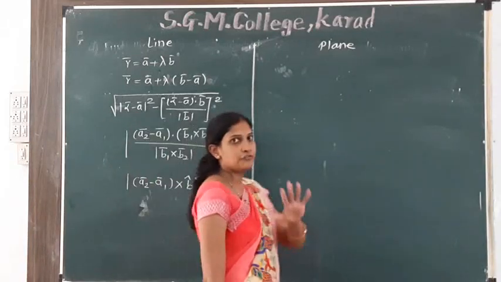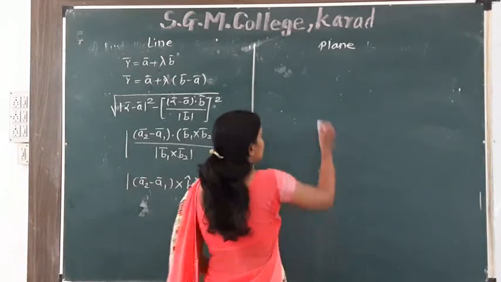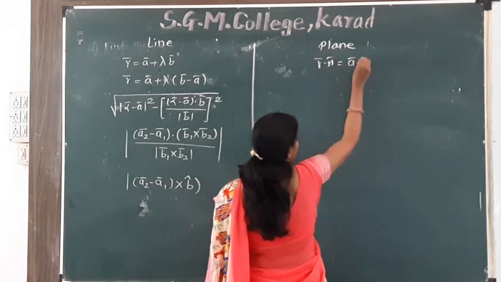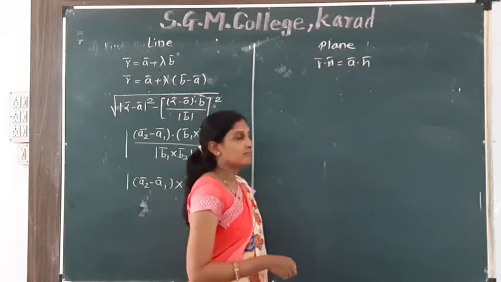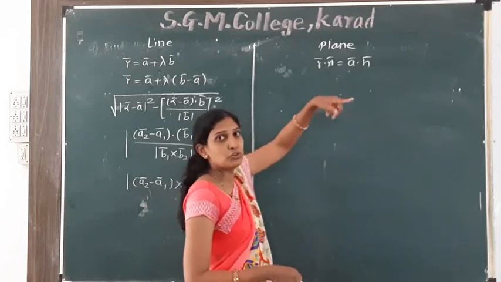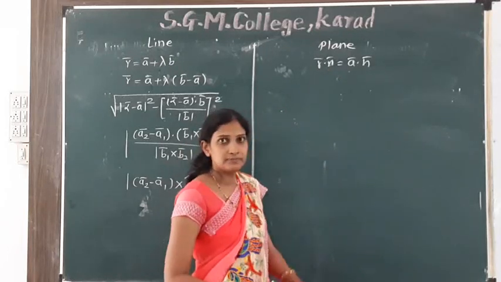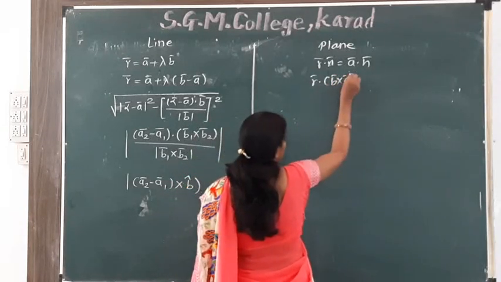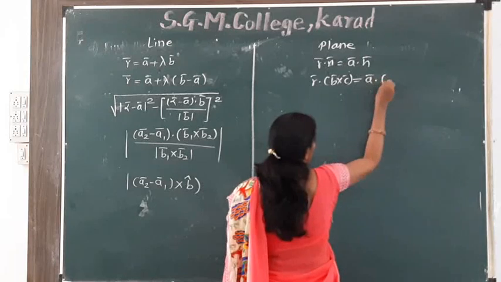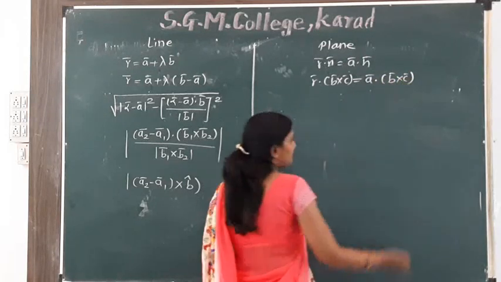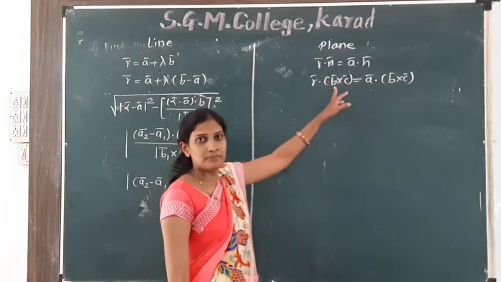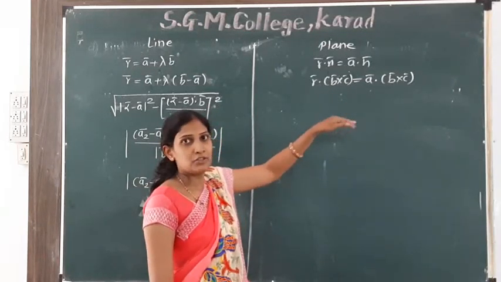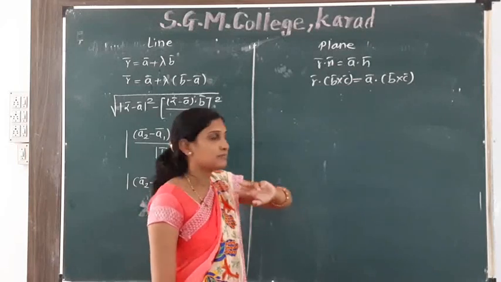And what is in plane? We will study 5 equations. First equation, r bar dot n bar is equal to a bar dot n bar. This is the equation of a plane passing through a point and perpendicular to a vector. Then r bar dot (b bar cross c bar) is equal to a bar dot (b bar cross c bar), the equation of a plane passing through a point and parallel to two non-zero vectors.